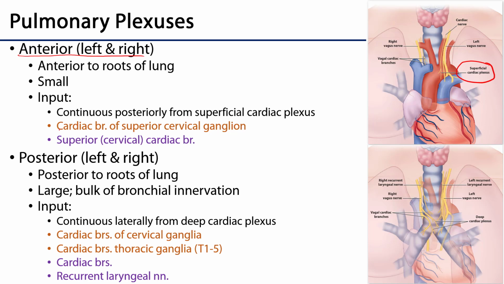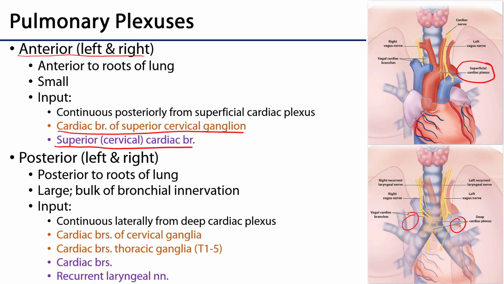So we're talking about cardiac branch from the superior cervical ganglion of the sympathetic trunk and superior cardiac branches of the vagus nerves. The posterior pulmonary plexuses are posterior to the roots of the lung, so they're going to be back there. And these are going to be the bulk of the bronchial innervation, probably about 80% plus of it.